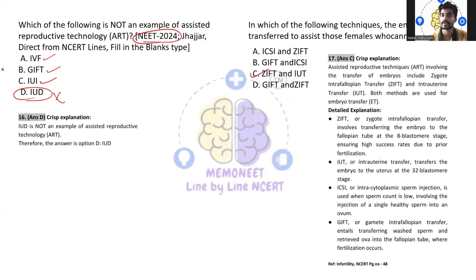Yes, option C. Because when it comes to this ART technique, what are the techniques that come under this? One is zygote intrafallopian transfer, and the other one is intrauterine transfer, IUT. These are the two methods which are used for embryo transfer. So that's why this is the proper answer.